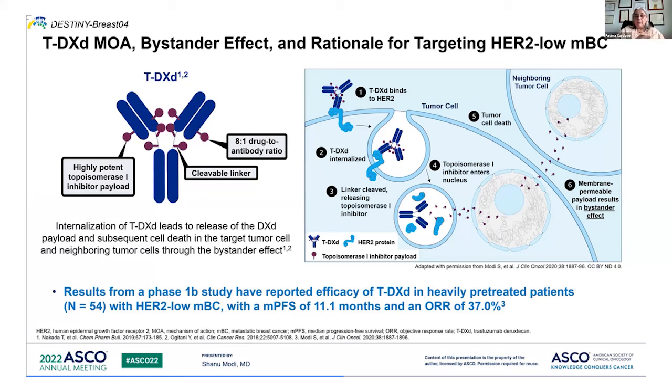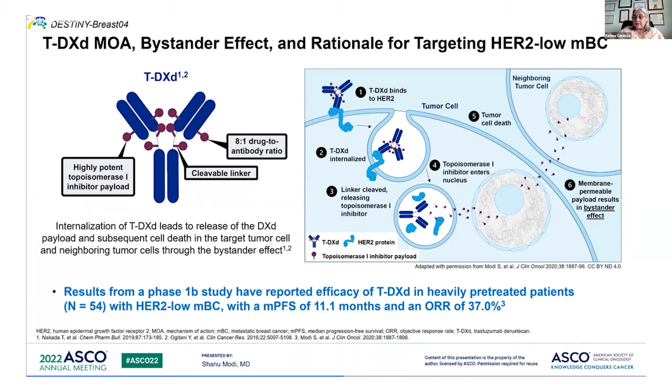So now I will try to explain to you what this bystander effect is. What you see on your right is exactly what I explained to you in the beginning. It goes to the cancer cells, goes inside the cancer cell, and releases the chemotherapy inside the cancer cell. But what happens is that the chemotherapy can go outside the cell and affect the neighboring cells.